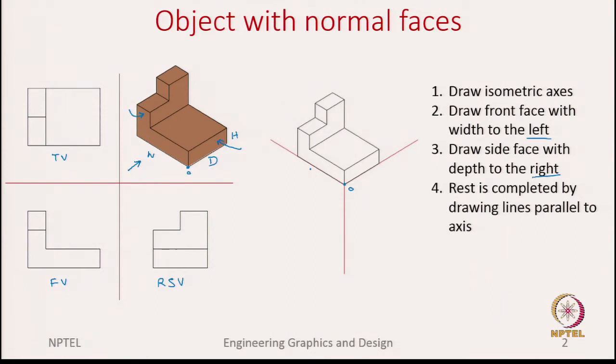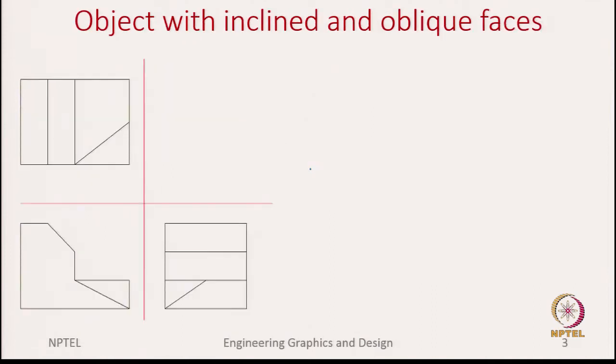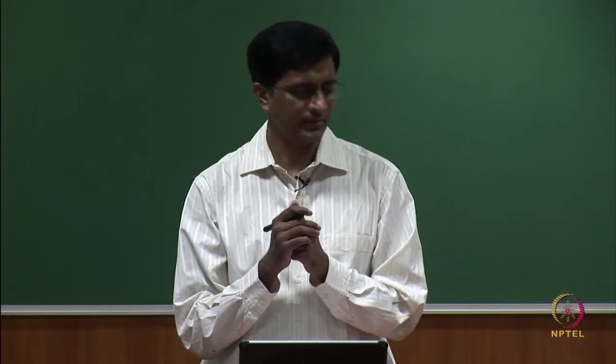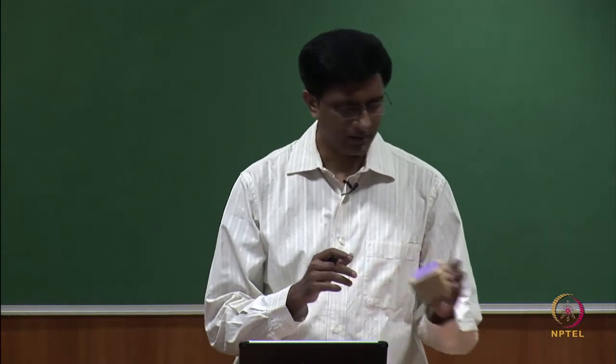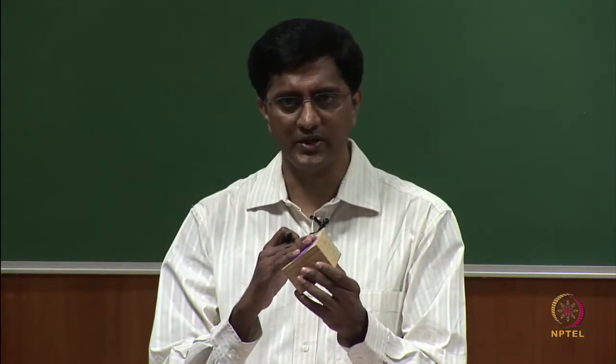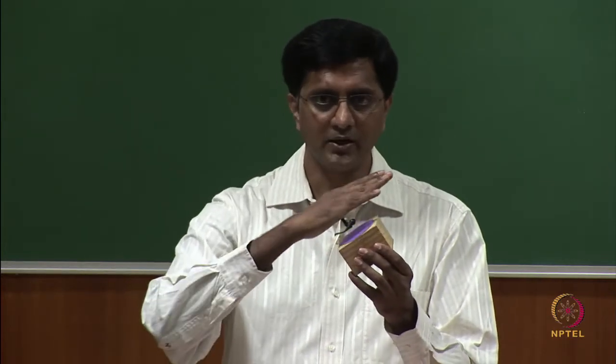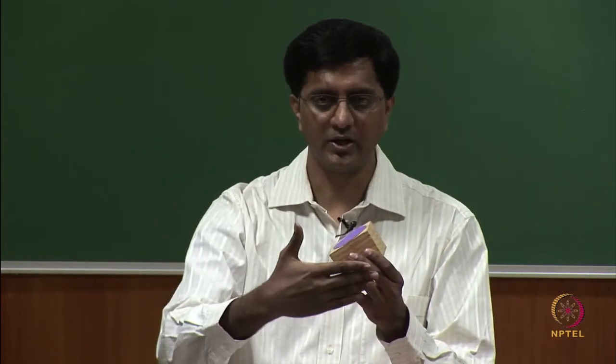Next, in the next example we will introduce a slight complication. The object has both inclined and oblique faces. Now, let us first explain what is an inclined surface and an oblique surface. So, let us say one of the faces is perpendicular to the vertical plane.